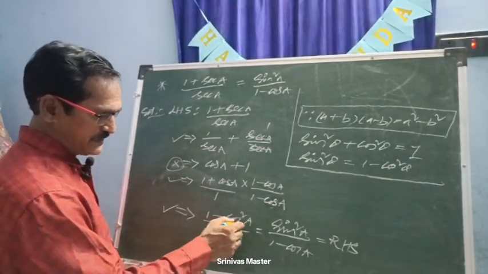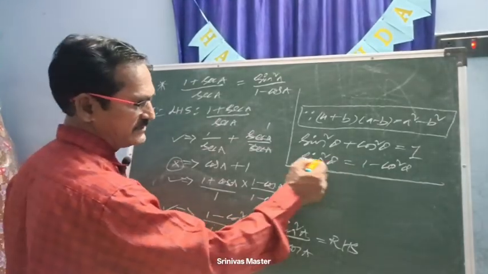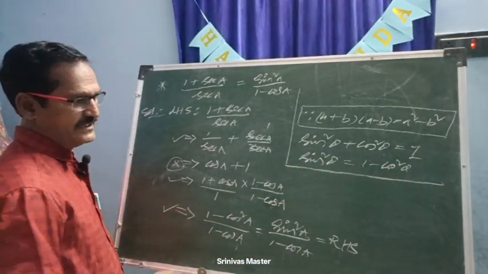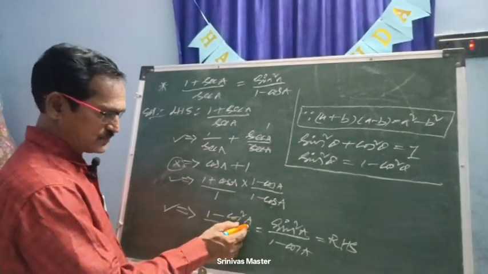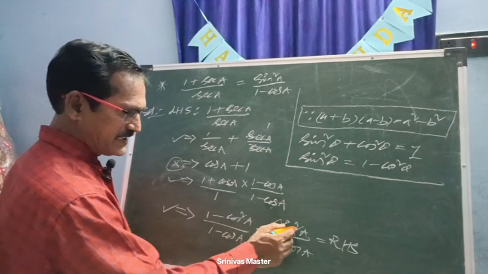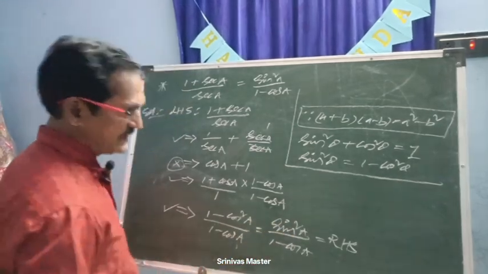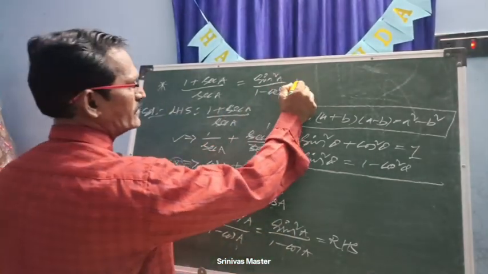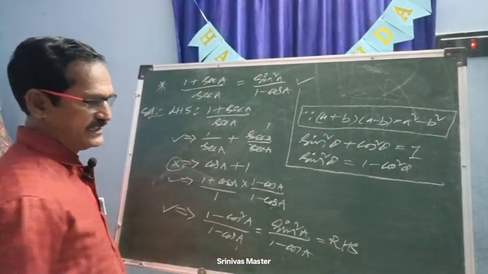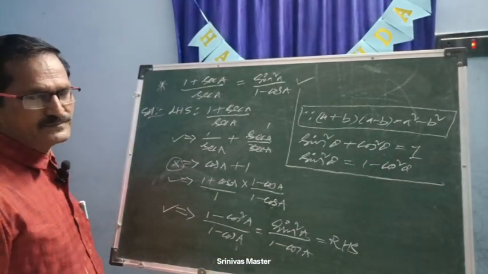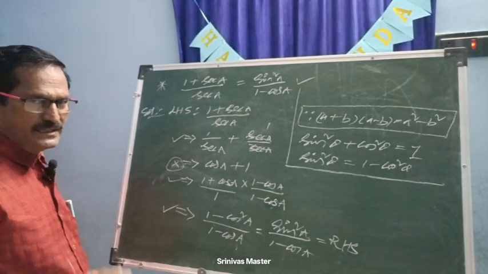So by elimination, 1 minus cos square A belongs to sin square A. Earlier I gave it in terms of theta, here A is given. So 1 minus cos square A means sin square A. Sin square A by 1 minus cos A, which belongs to the RHS. Then LHS is equal to RHS. Hence proved. Right children? Okay, be careful.